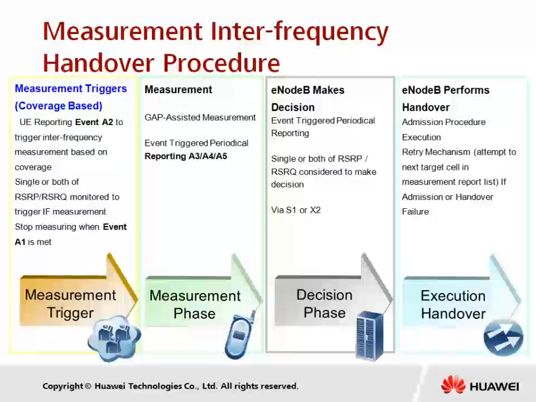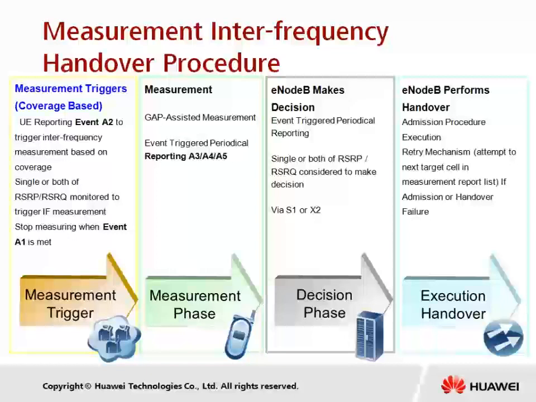We are using coverage-based handover as an example, where the user reports event A2 to trigger interfrequency measurement. If the user sends event A2, the user will be assigned a measurement gap.